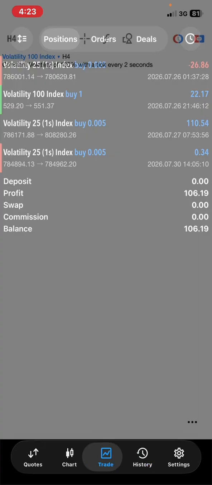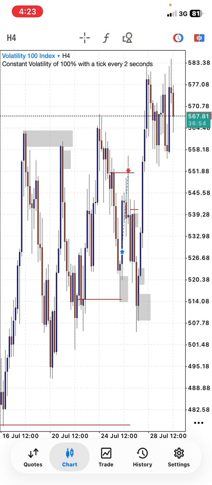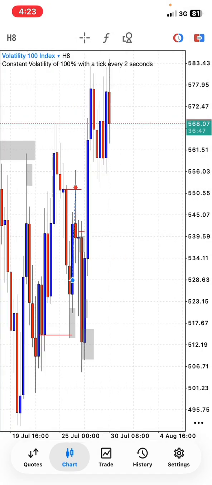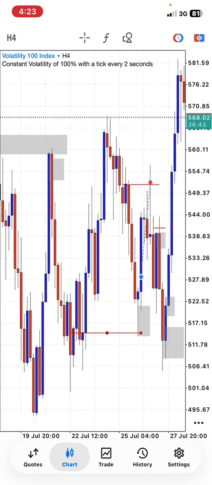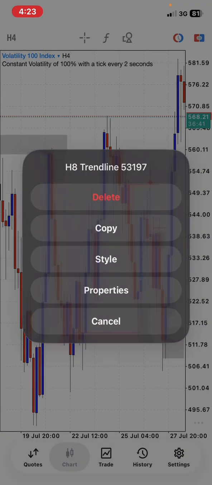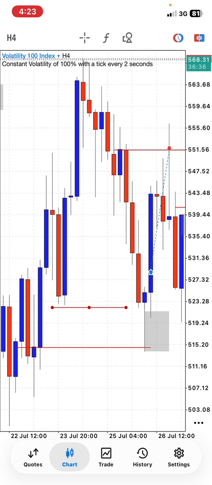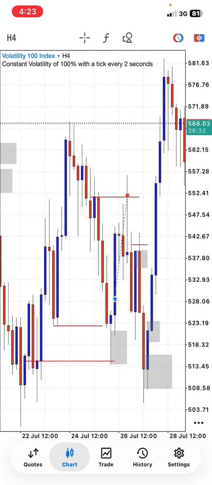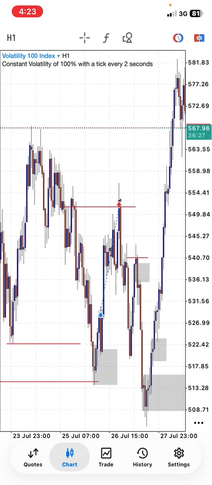And for this VIX 100, let's see, how did I enter? Okay, price was reacting from this 8 hours rejection block, and from this 8 hours rejection block there was also, let me mark it out, a liquidity grab. There was this sweep of this low, it took it out, and hit the rejection block. I found my change in displacement.